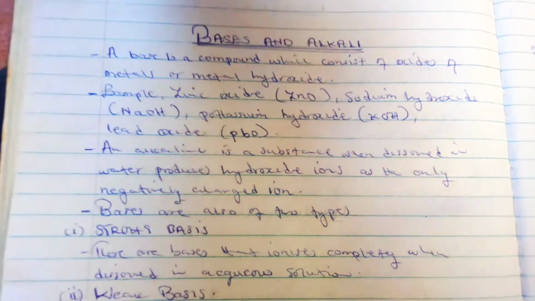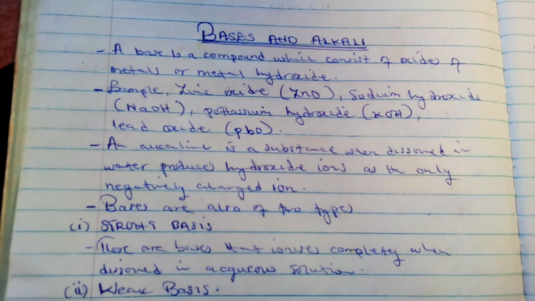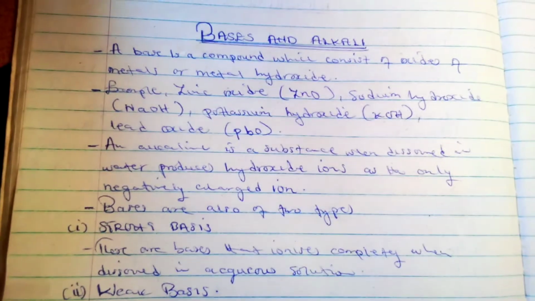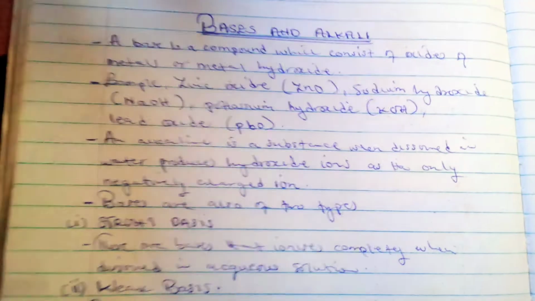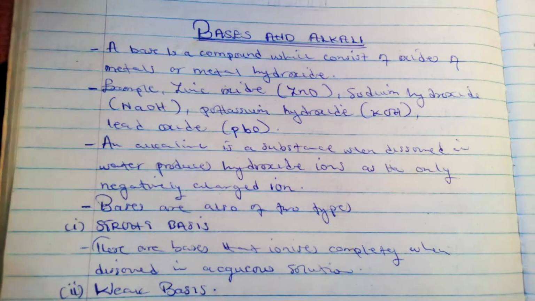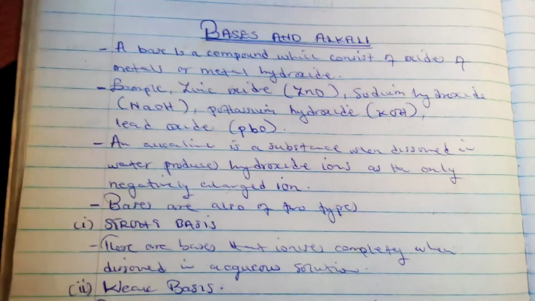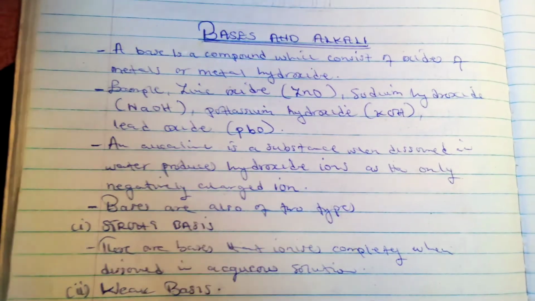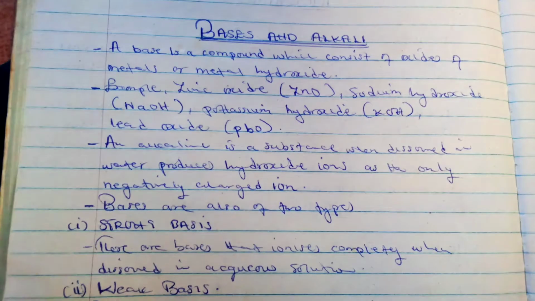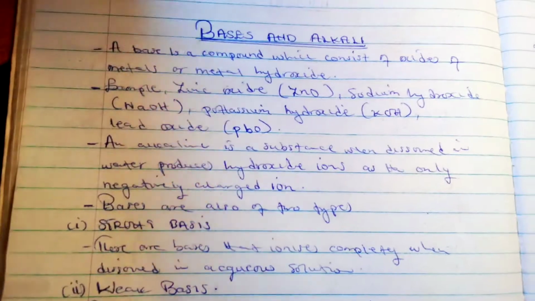So these are bases. Now, between these bases, there are those bases that are soluble in aqueous solution. When a base is soluble in aqueous solution, it is said to be an alkali. So usually, those bases which have metal hydroxide are soluble.